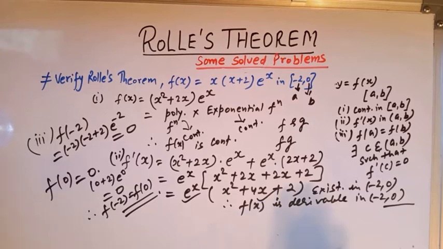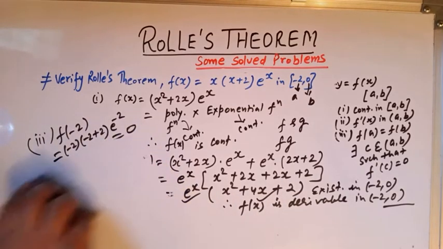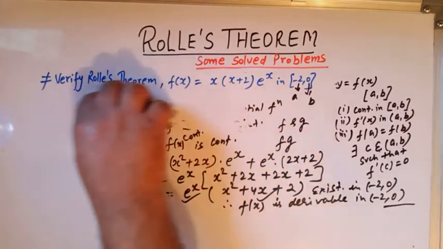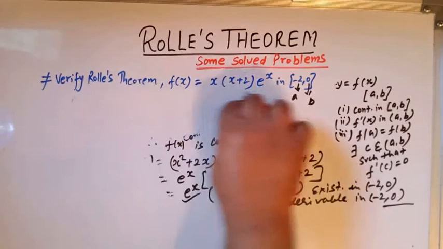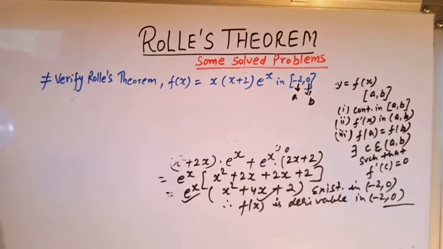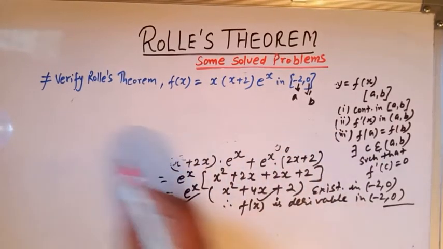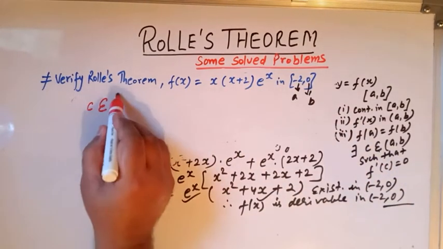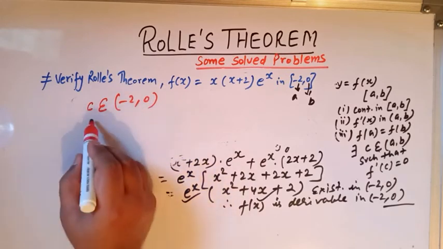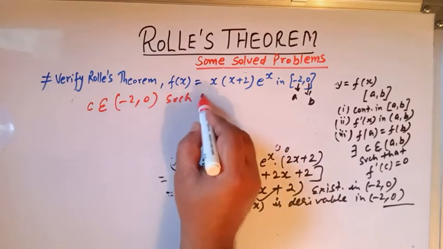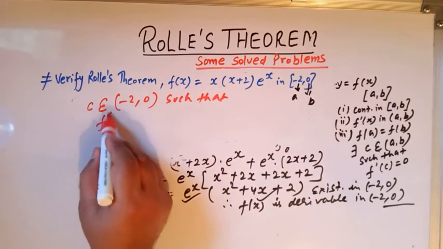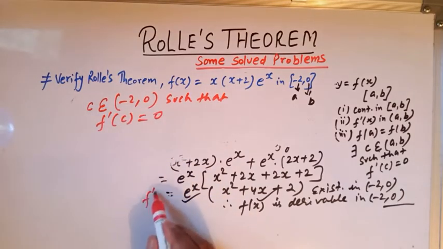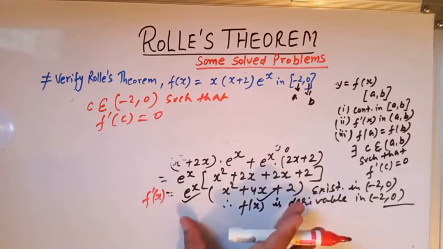And therefore we can claim that there exists a real number c belonging to this interval minus 2 comma 0 such that f dash c is equal to 0, and f dash of x is given by this expression.